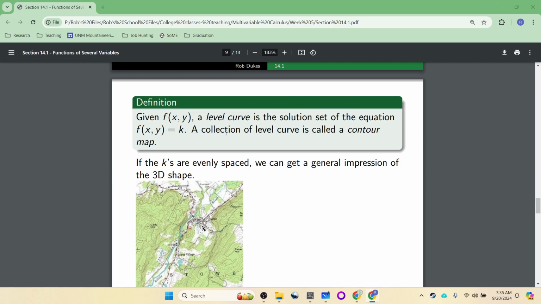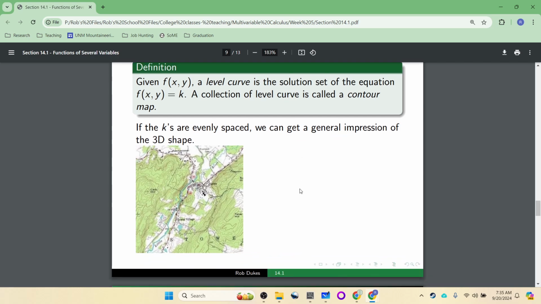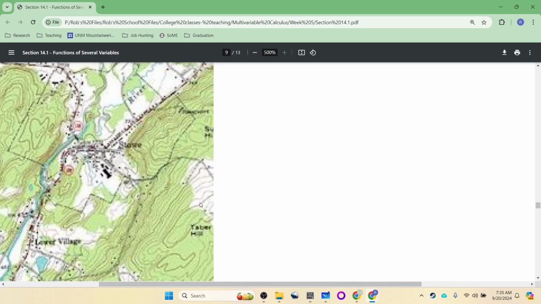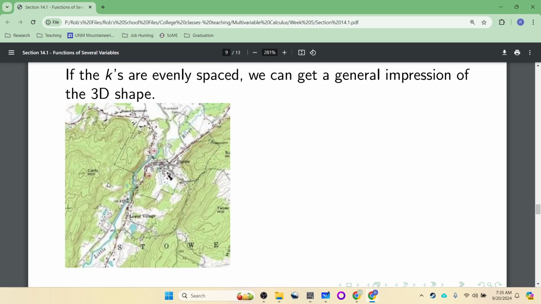So, if the k's are evenly spaced, we can get a general impression of the 3D shape. You've seen this before in maps, contour maps. If you zoom into specific places and the curves are really tightly put together, that indicates it's pretty steep there because the height is changing pretty fast. On the other hand, if they're more spaced out, it's a lot less steep because the elevation is not changing as fast.